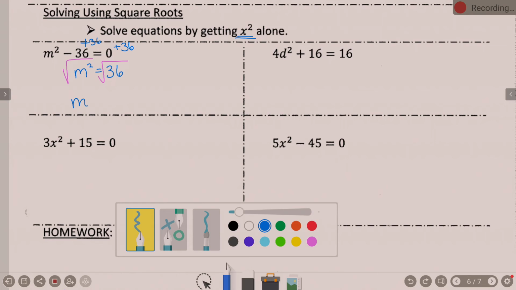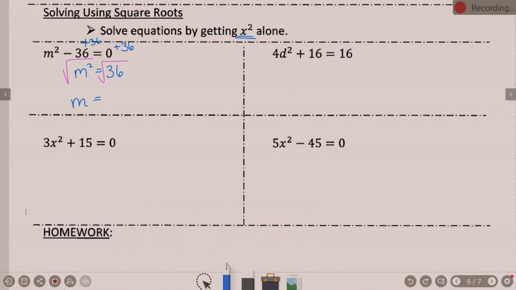So, thus, when you take the square root of m squared, the square root and the square cancel each other out, we have m. Square root of 36. 6. And I said 6 was one of the answers. Because 6 times 6 is 36. Any other thoughts on what else multiplies by itself to be 36?